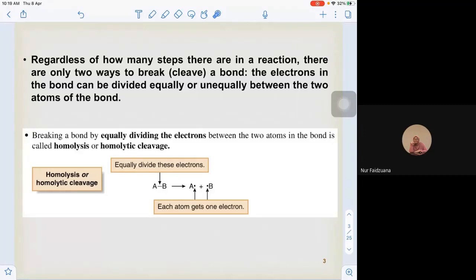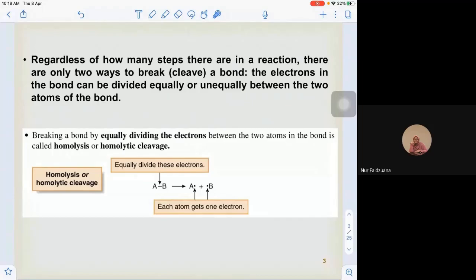So when the electrons are divided equally, each atom gets one electron. That is why the product of homolysis is A with one electron and B with one electron, what we call the free radical of A and the free radical of B.